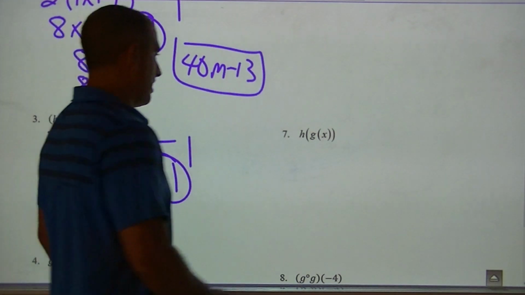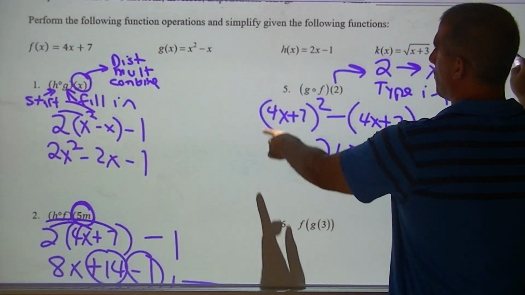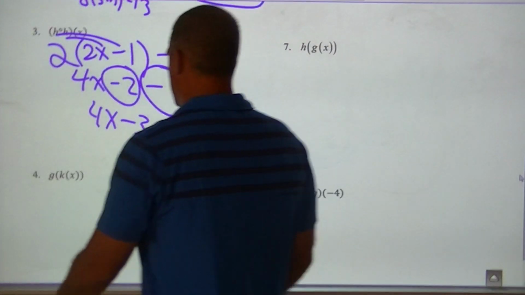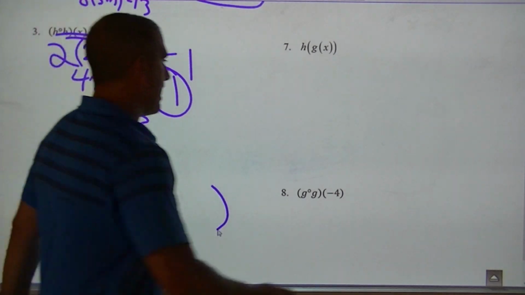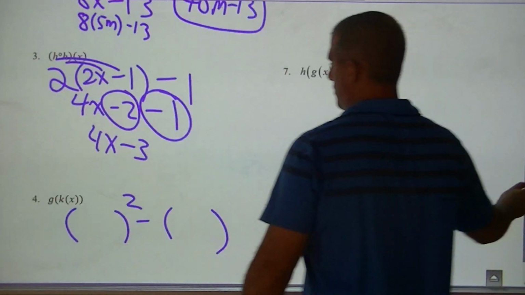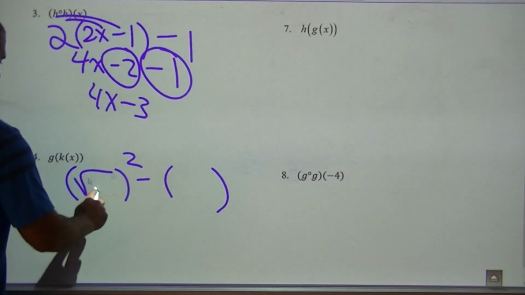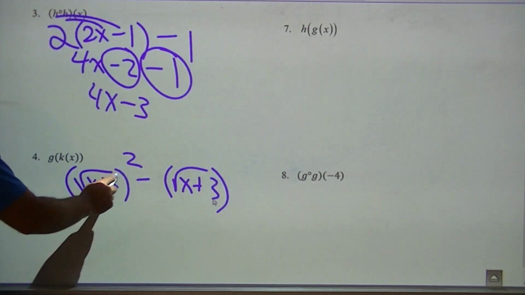G of k of x, g is going to be x squared minus x. K is going to be square root of x plus 3. The squared eliminates that.